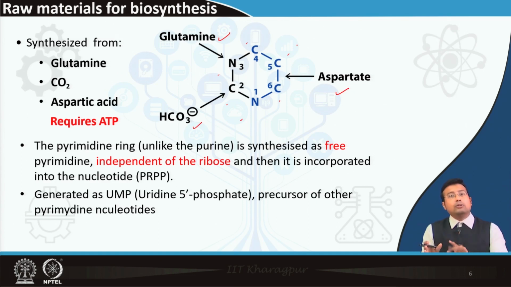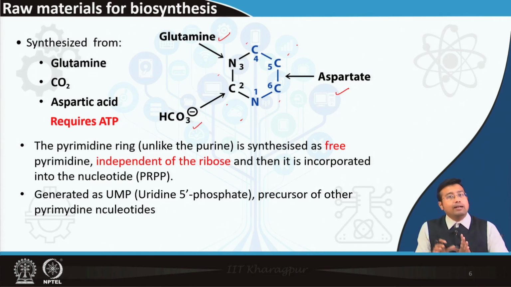There is a difference between pyrimidine synthesis and purine synthesis. You saw in case of purine synthesis, the first step was when PRPP was formed, right? PRPP, that is phosphoribosyl pyrophosphate. Basically, PRPP provided the ribose 5-phosphate group on which the entire purine nucleotide was formed.